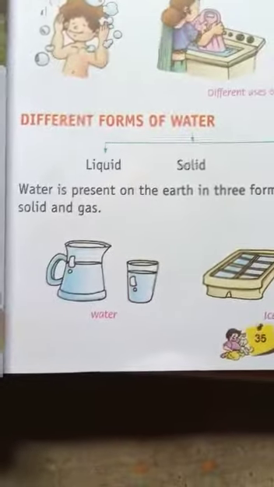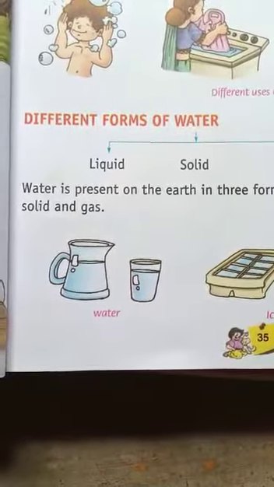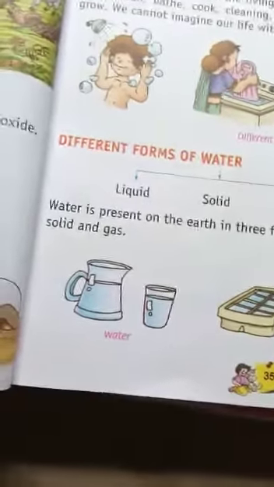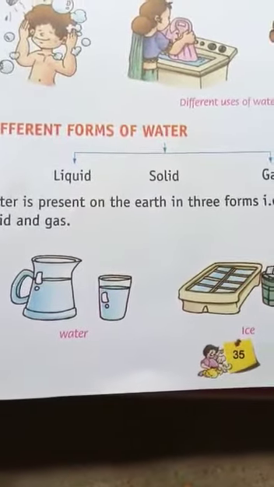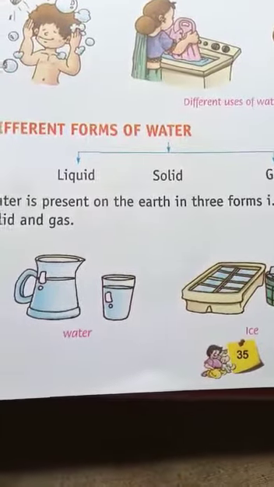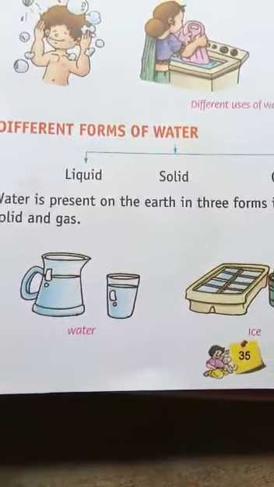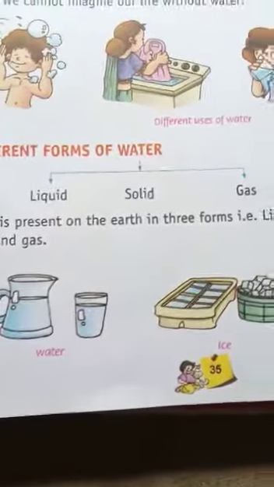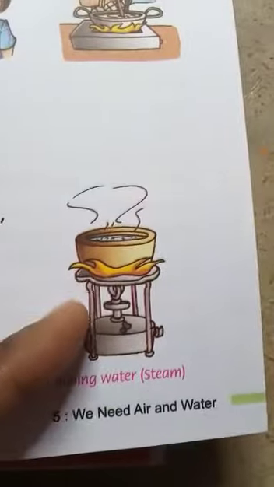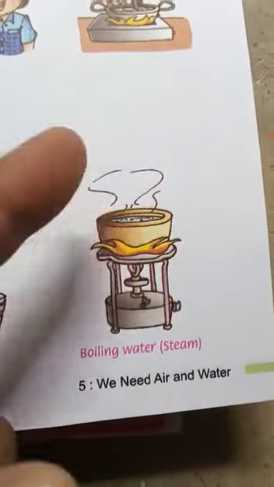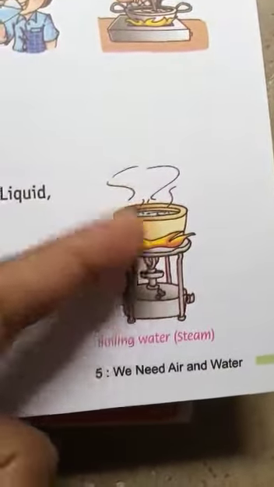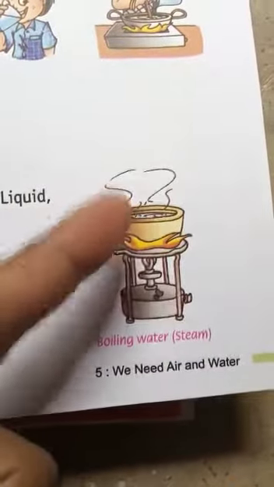But when the solid ice melts down, it becomes water, and it is known as liquid form. When we put the water in a bowl and heat it, it will be vaporized. Vapors will be coming out from the boiling water, we can see.